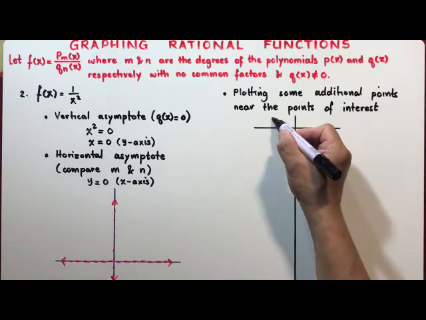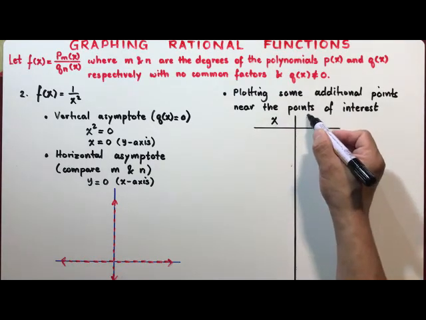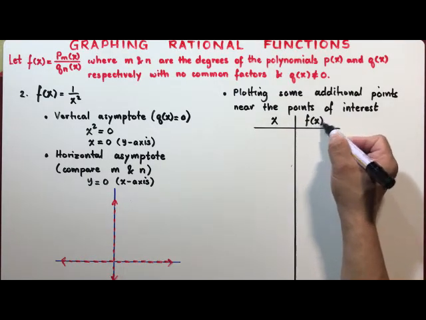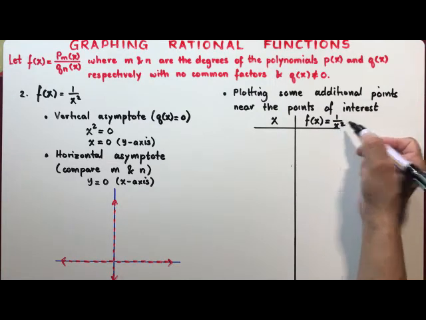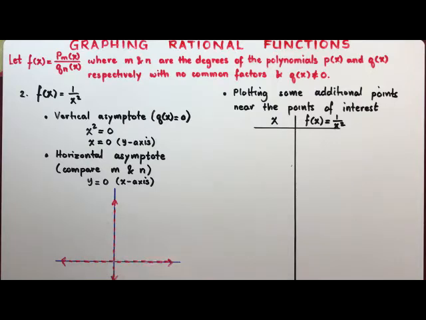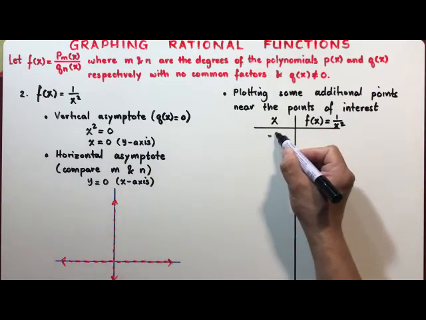So if this is your x, then what is our f of x, which is 1 over x squared. Since our vertical asymptote is the y-axis, let's try some values near to this one. Say negative 5.